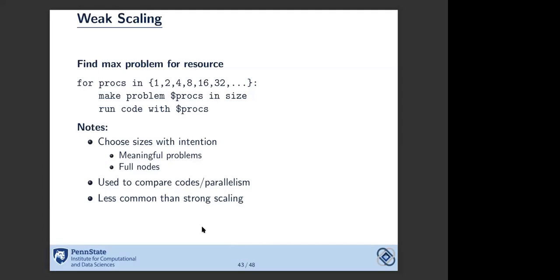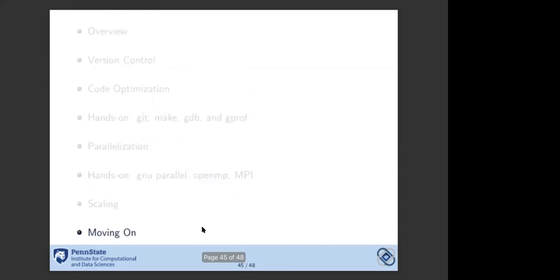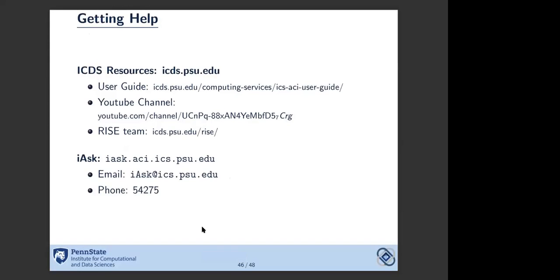If you increase the number of resources by 2, then you also increase the problem size by 2. That way, the amount of work per resource remains constant. So that's scaling in a couple of sentences.